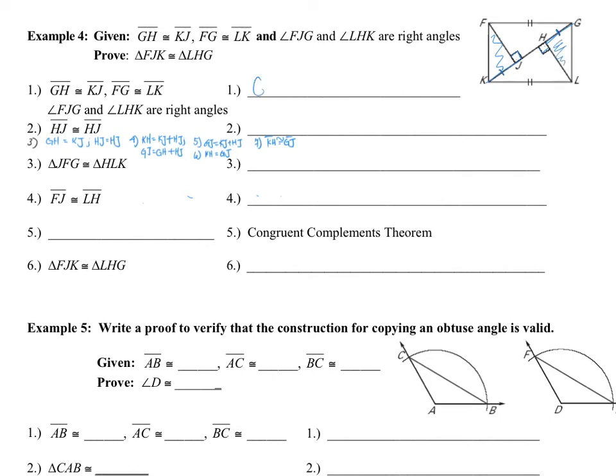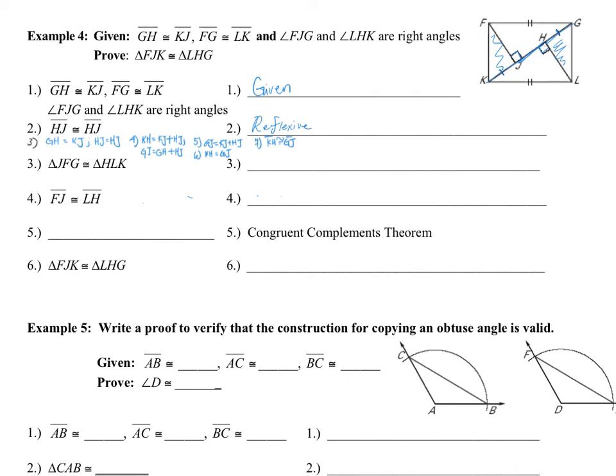So for the first step, I will write given. And for the next step, I will write HJ is congruent to HJ by the reflexive property.